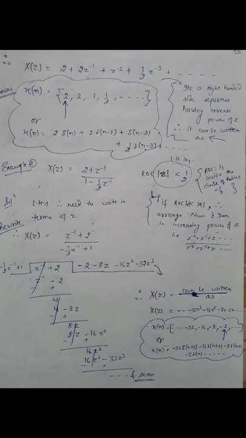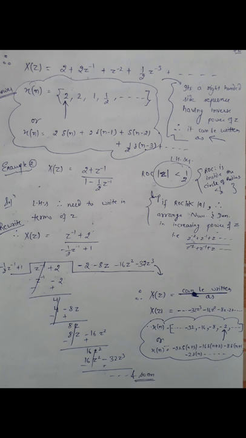That means this is a right-sided sequence, and it can be written as x(n) equals, taking the coefficients only, 2, 2, 1, 1 by 2 and so on, where Z raised to power 0 is the 0th position, which is the first 2. Or we can write x(n) in the form 2 delta n plus 2 delta n minus 1 plus 1 delta n minus 2 plus 1 by 2 delta n minus 3 and so on, because we know that the Z transform of delta n is 1. So in that case we have found x of n.